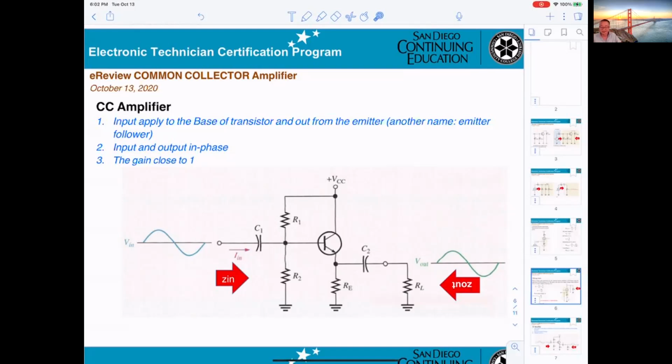Okay. Input impedance is at the base, looking from here into the circuit. Output impedance is looking from the output here into the circuitry. Anything you want to know more, just stop me.